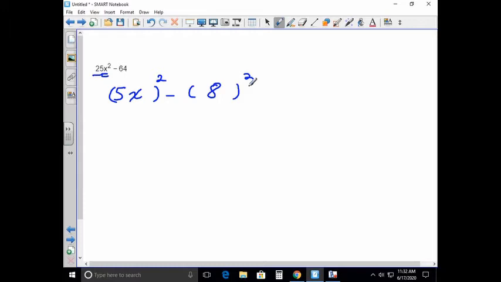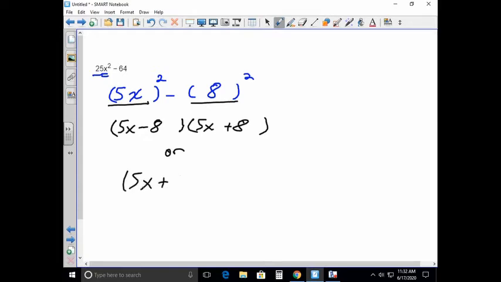So since we have something that's squared minus something else that's squared, then this is going to factor into two parentheses. The first base minus the second base, and then those same terms with a plus in the middle. Now technically it doesn't matter which parentheses we put the plus in and the minus, as long as one of them is positive, one's negative. So those are the same.